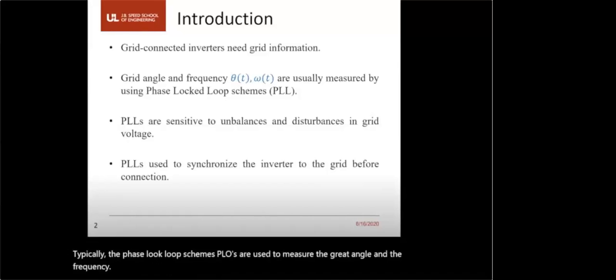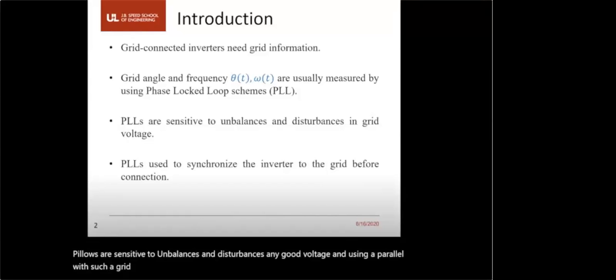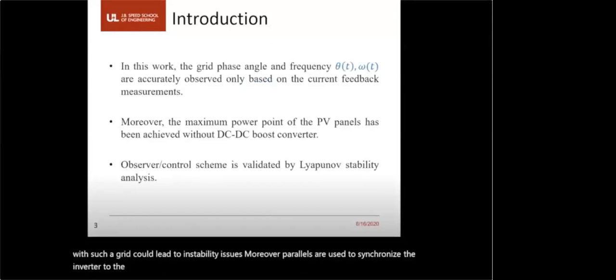PLLs are sensitive to unbalances and disturbances in grid voltage, and using a PLL with such a grid could lead to instability issues. Moreover, PLLs are used to synchronize the inverter to the grid before connection.